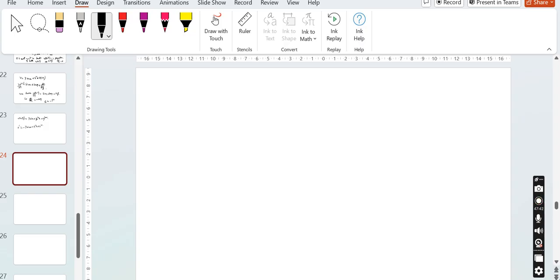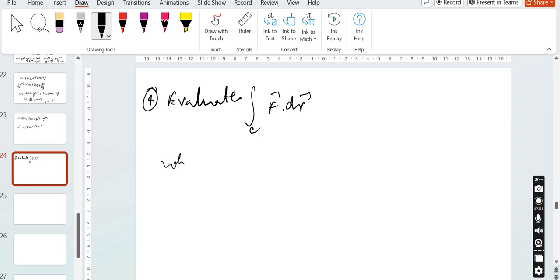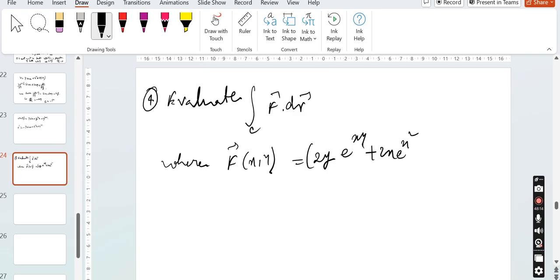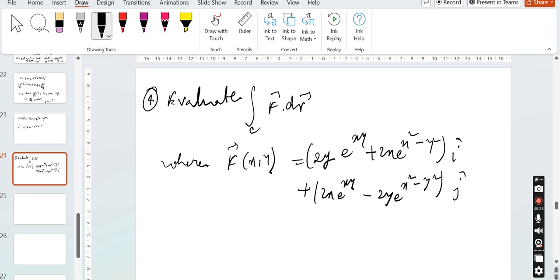Now another type of question is here. Find the integral of F dot dr, where F is equal to 2y e to the power xy plus 2x e to the power x square minus y square, I plus 2x e to the power xy minus 2y e to the power x square minus y square, j, and C is the curve shown below.